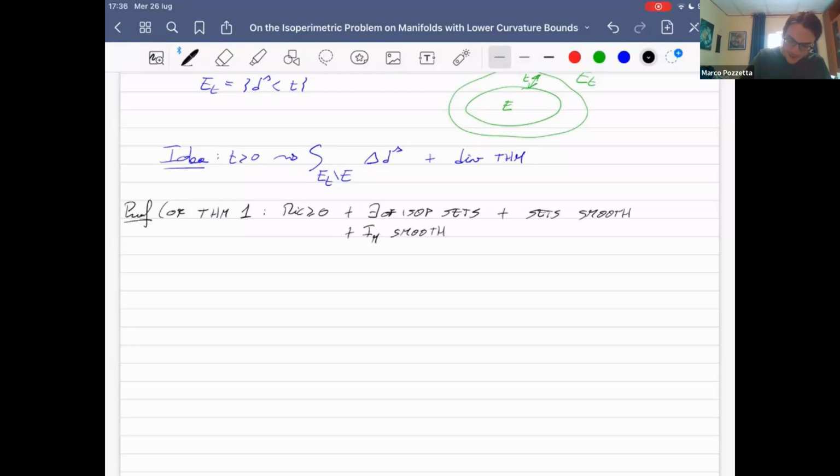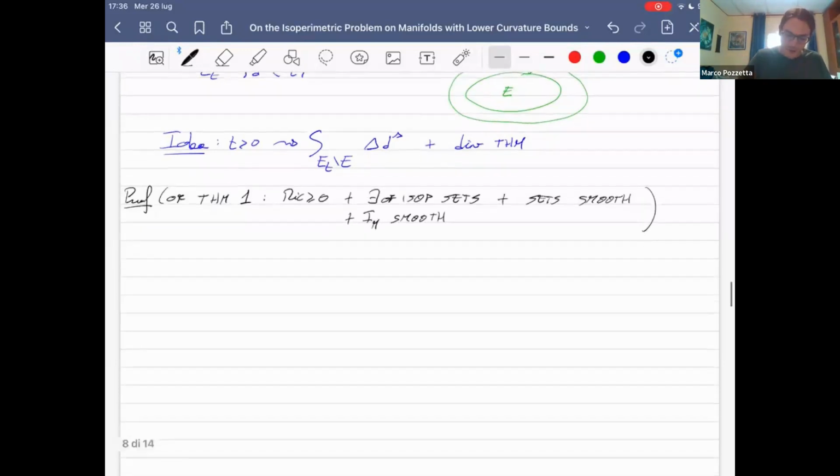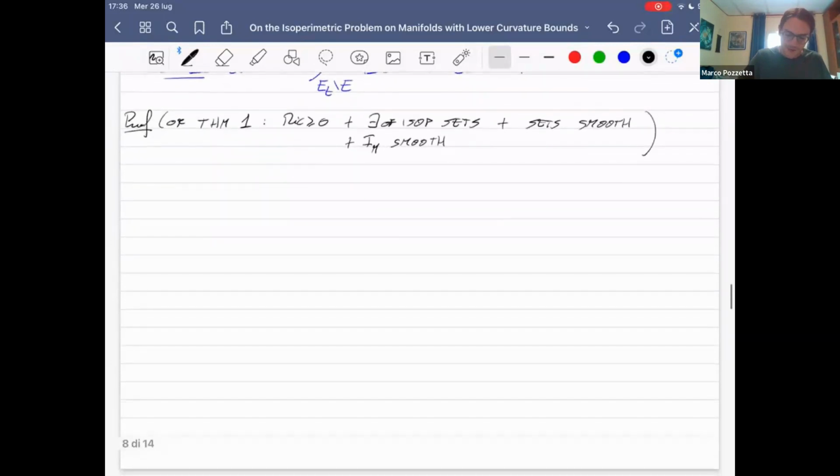So basically what I will show you is the original proof of Bavard, Pansu, and Gallot in a certain sense, assuming everything. Then I will try to tell you how to overcome these further assumptions to get the final statement. Okay, so how does the proof work?